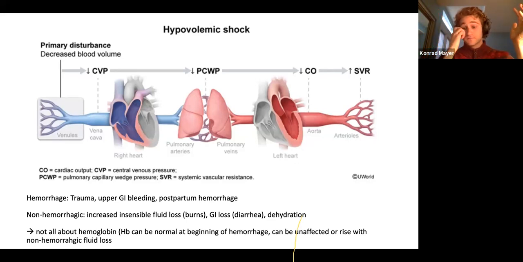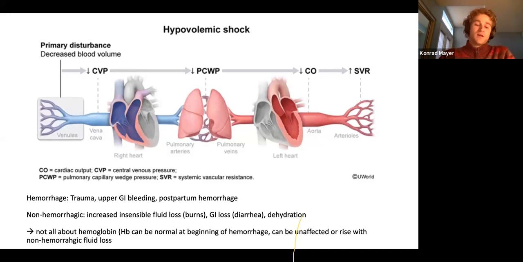That's not true. So the HB can be normal at the beginning of hemorrhage. And in cases of, for example, burns, the HB can be totally unaffected, or it can even rise from dehydration and this serum loss and cause the red blood cells and everything in the blood to be more concentrated.